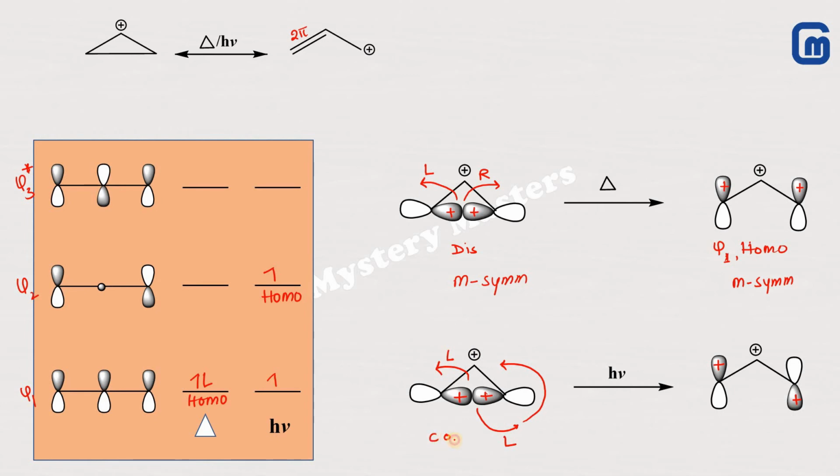That's why you can say a conrotation is required, so that I can get the psi2 orbital, which is our HOMO. The symmetry in this case is C2 symmetry, and we have already said that in sigma bonding orbitals there is always both C2 and M symmetry. So you can say the symmetry is still preserved in the product also.